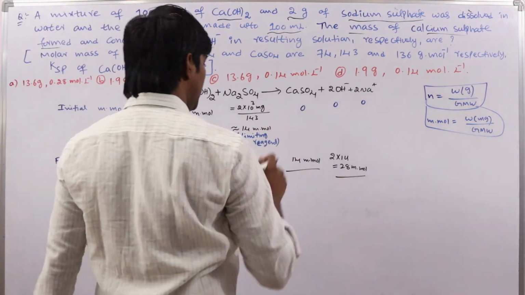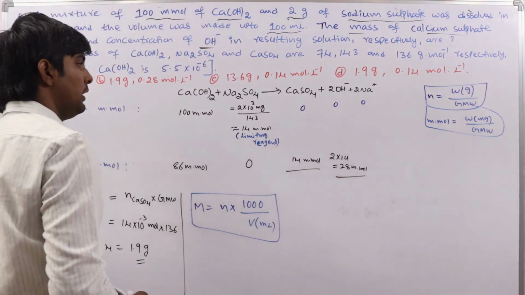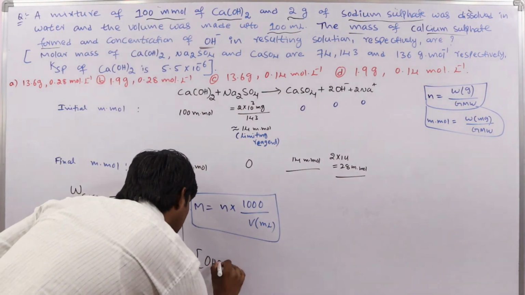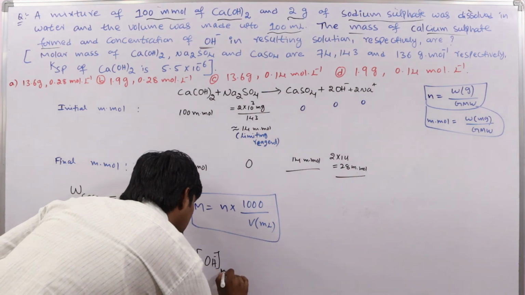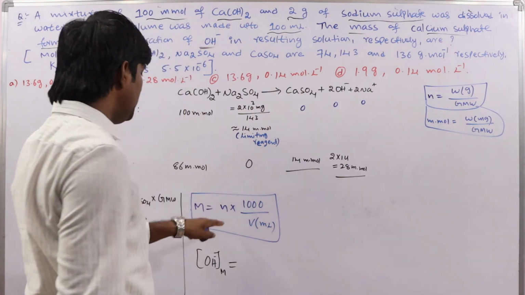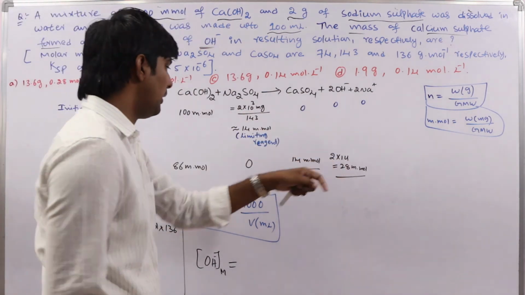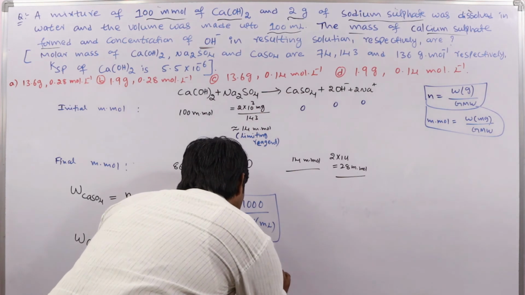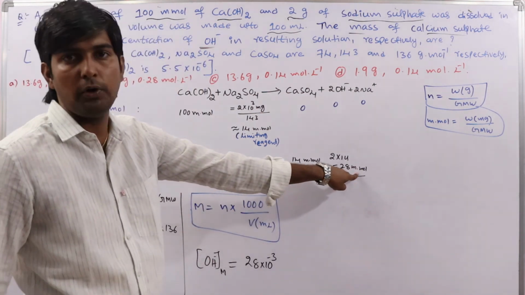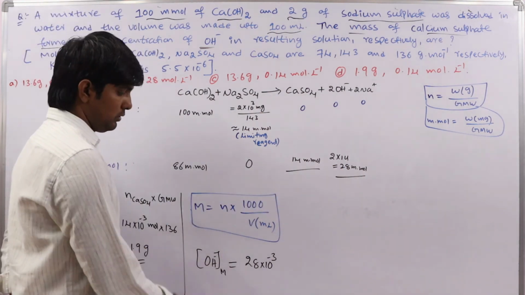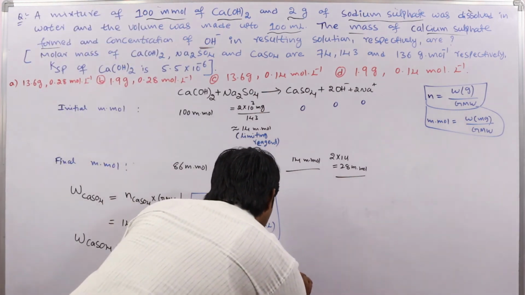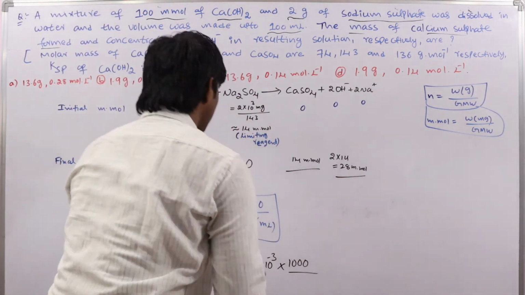So to calculate the hydroxide ion concentration, that is nothing but the concentration of OH minus ions in molarity. It is equal to the number of moles of hydroxide formed, which is 28 into 10 power minus 3, because again here we have millimoles but we need moles, into 1000 by volume.